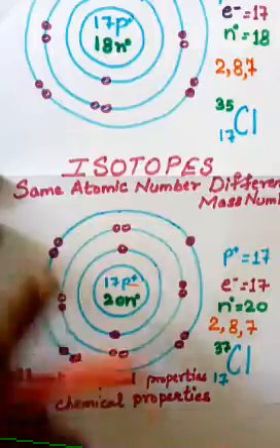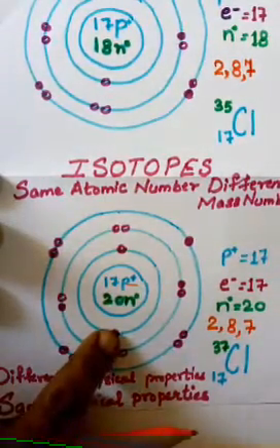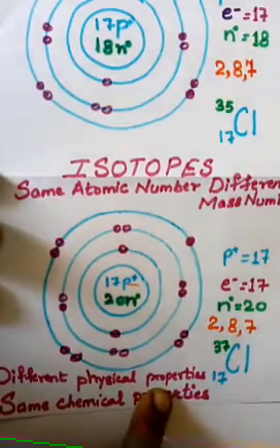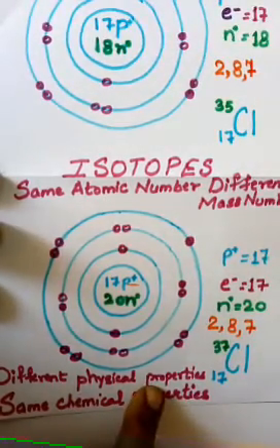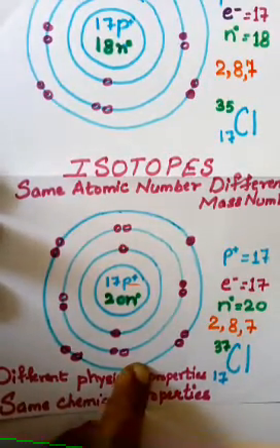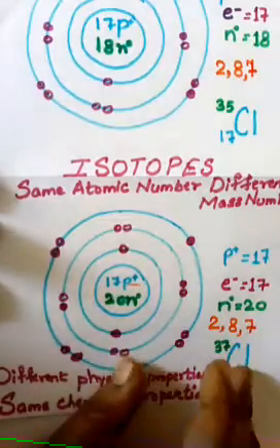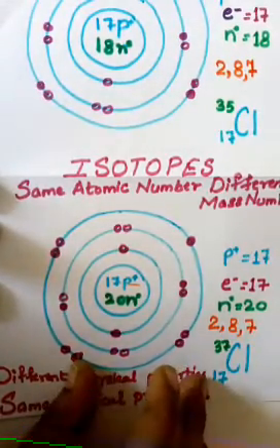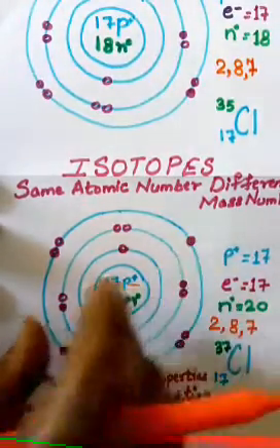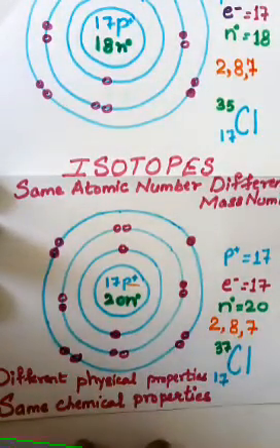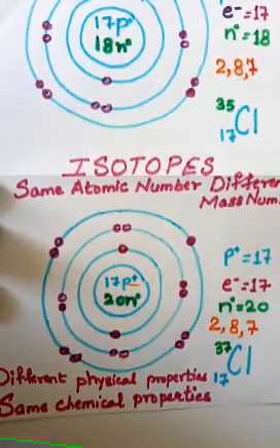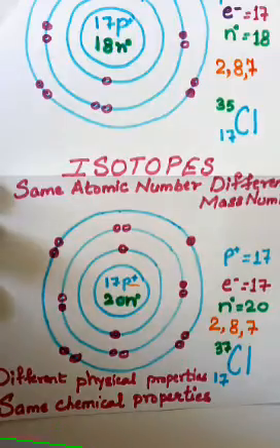If it has the same protons, that means the same number of electrons, so chemical properties will remain the same, but physical properties will be different, like boiling point and melting point. So isotopes are atoms of the same element having the same atomic number, different mass number, having the same chemical properties but different physical properties. I hope it is clear to you.